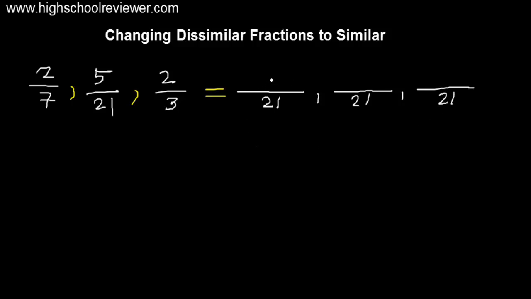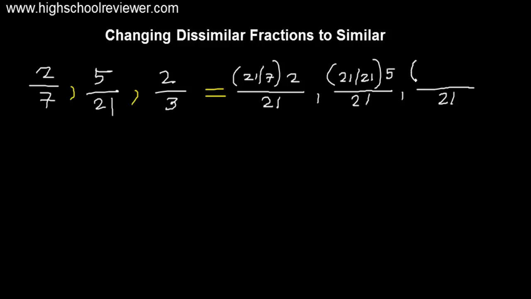And for our first numerator, we will divide 21 by 7, and then multiply the quotient by the numerator, which is 2. For the second, we will divide 21 by 21 and multiply by the numerator, which is 5.